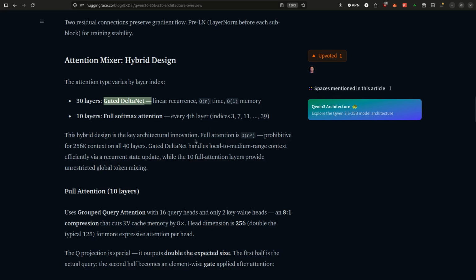What it basically does is it keeps kind of a running summary of the query instead of paying full attention to every single token. But every 4th token, you in fact do full attention, and you actually compute the attention of every token with all the other tokens that are there.